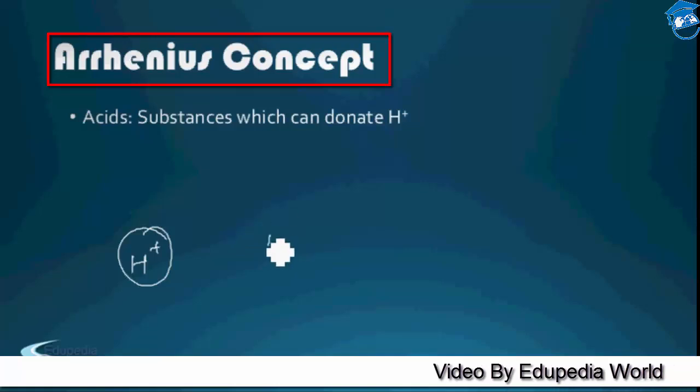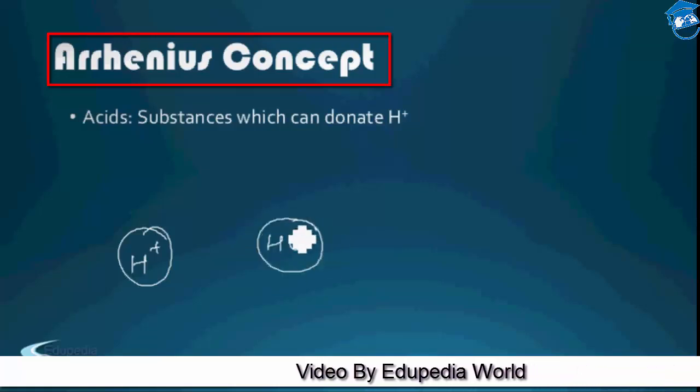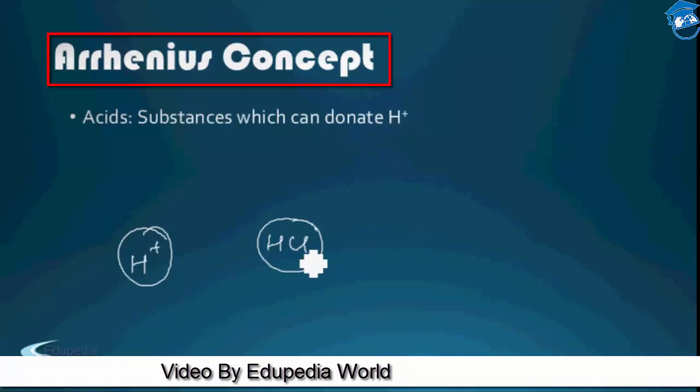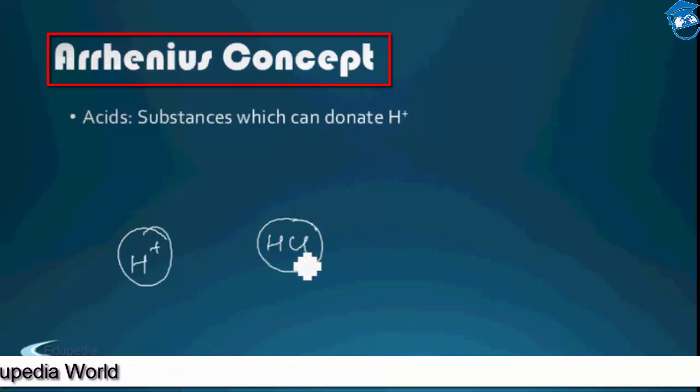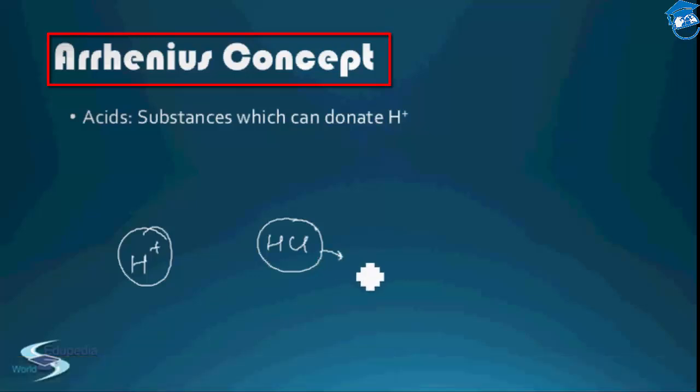For instance, HCl. Pure HCl doesn't remain in the form of H positive and Cl minus. But as soon as I put HCl in pure water, or maybe some other solvent similar to water, HCl will dissociate into H positive and what is left, Cl minus.